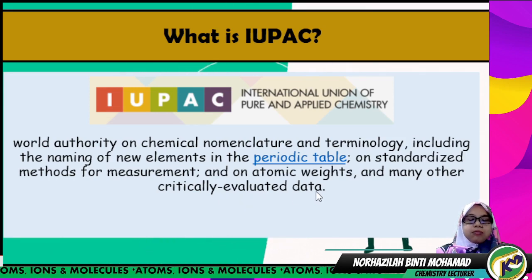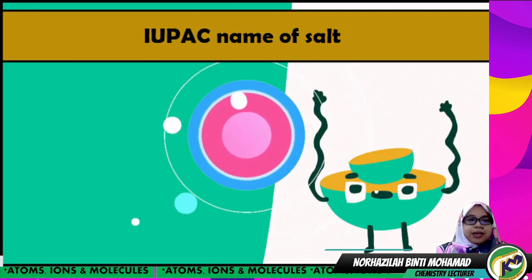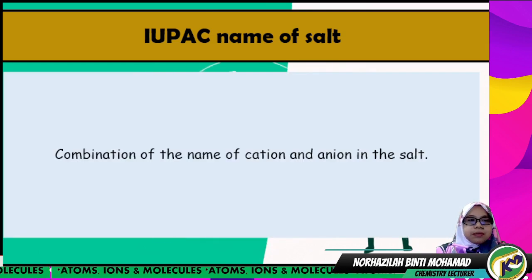It is the authority that controls the names of chemical compounds or elements that have been found in this world. So what is the IUPAC name of salt? It is the combination of the name of the cation and anion in the salt. When we know the name of the cation and the name of the anion, we bind them together, so we will get the name of the salt.